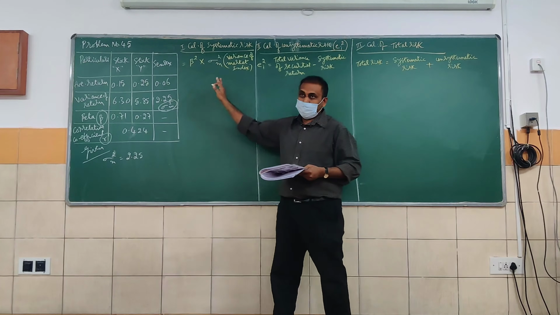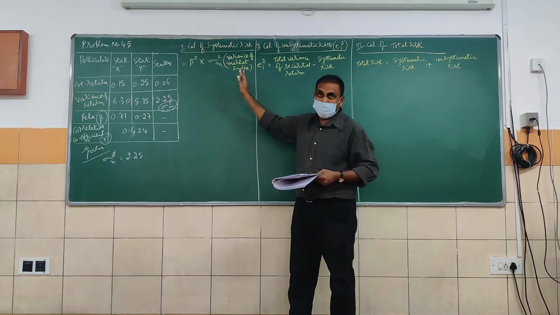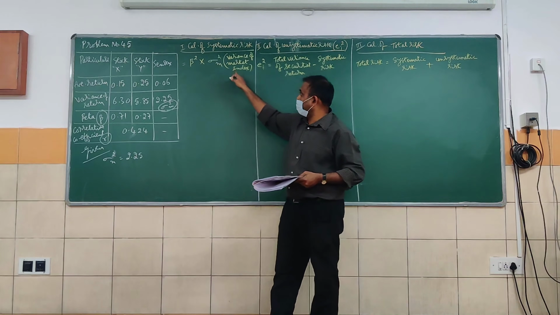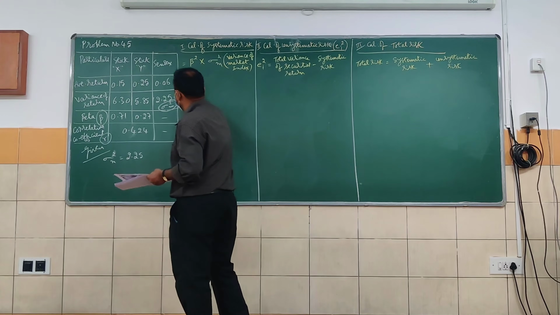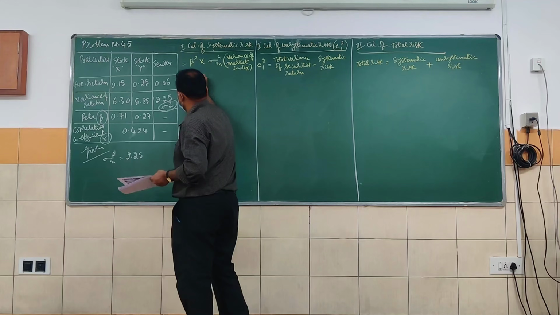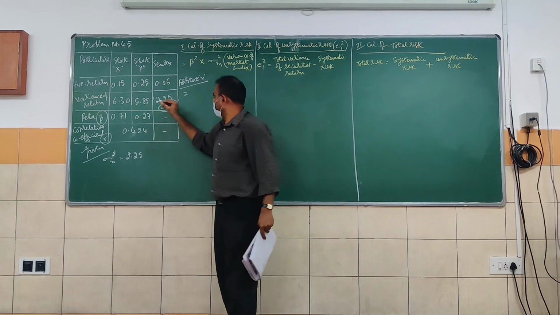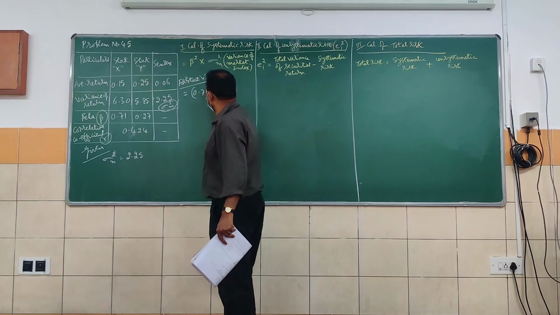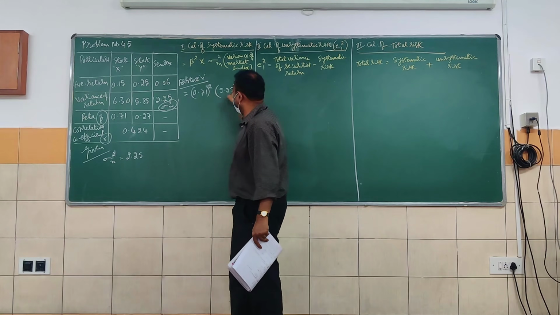I'll go one by one with the first calculation, that is systematic risk, which is not given in the problem. Beta square into the market variance. I'll go first for stock X. Beta for stock X is 0.71 square multiplied by 2.25.